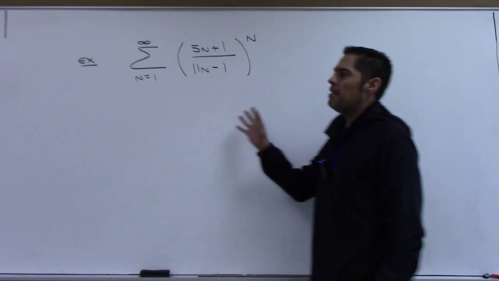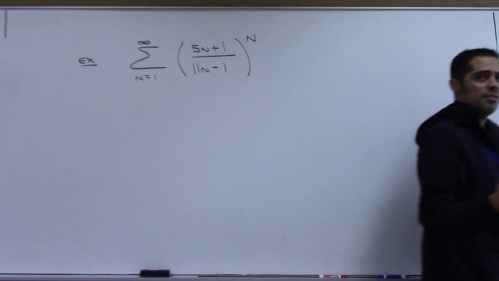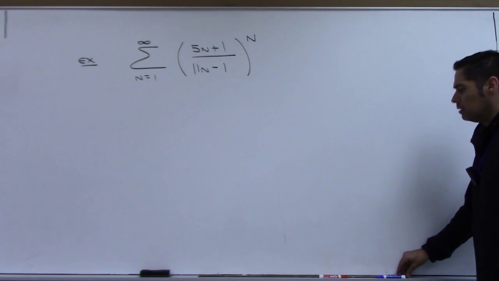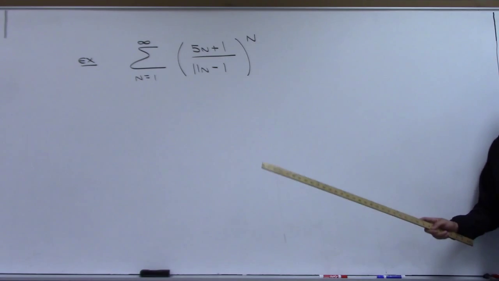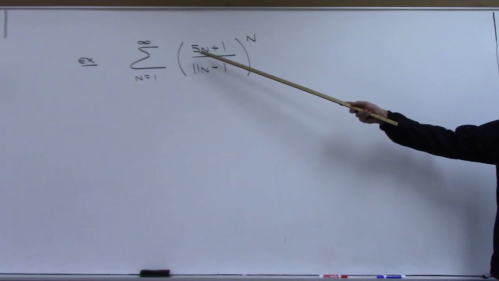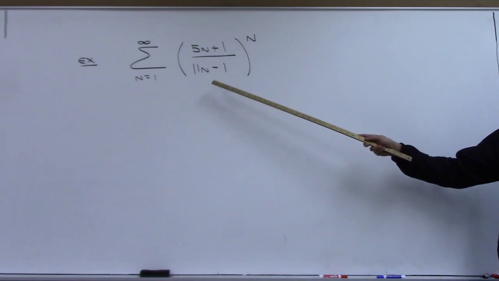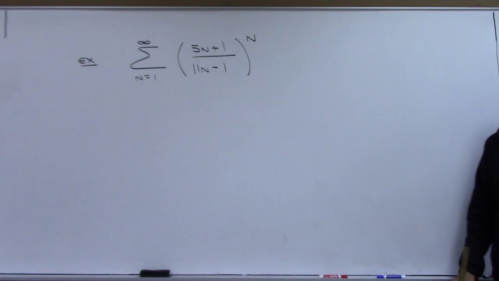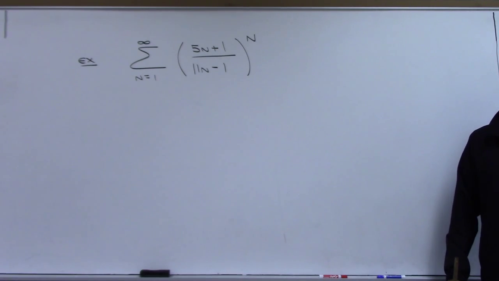I'm not saying right now that you can't do this with ratio test. You probably could. But it would get a little ugly when you plug in the n plus 1, because you'd have to distribute it out. The power of the root test is that it allows you to take the nth root of whatever you're looking at.